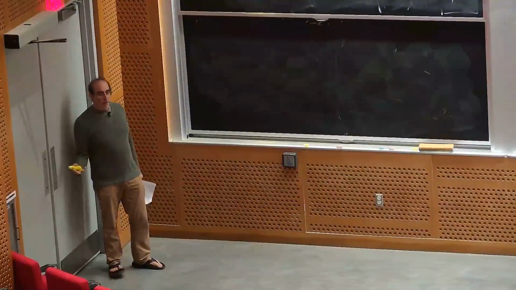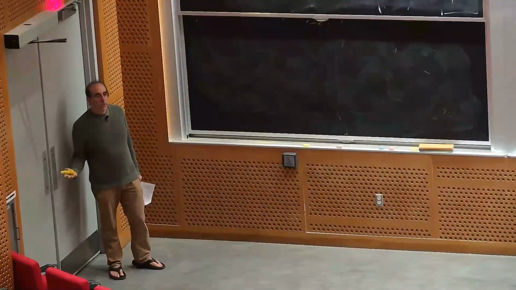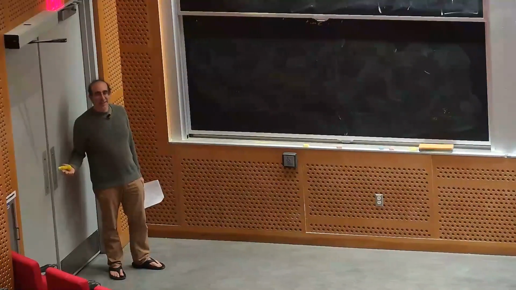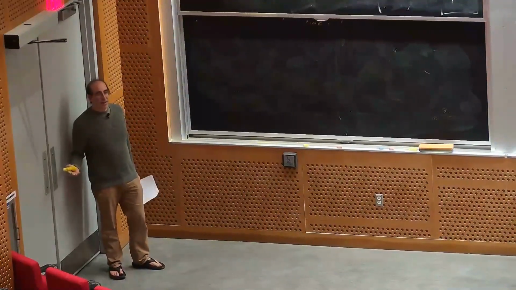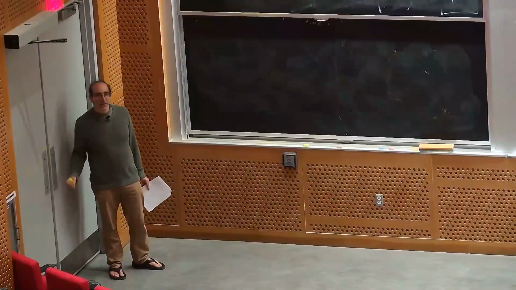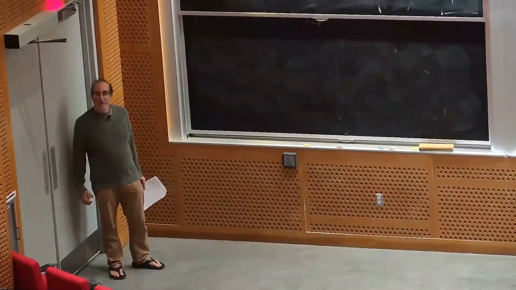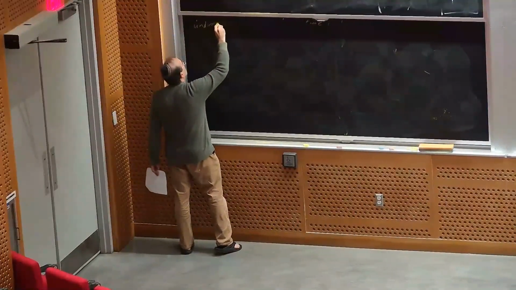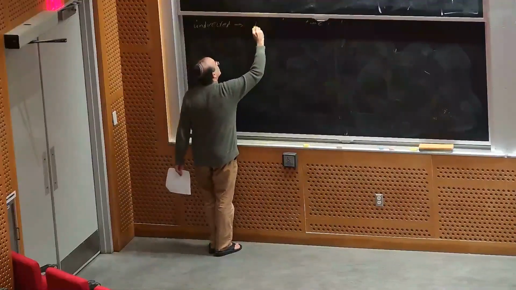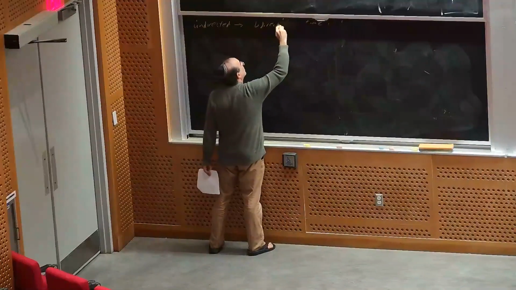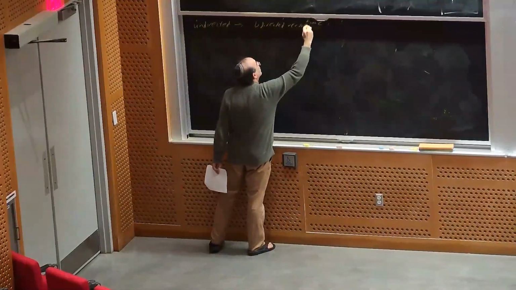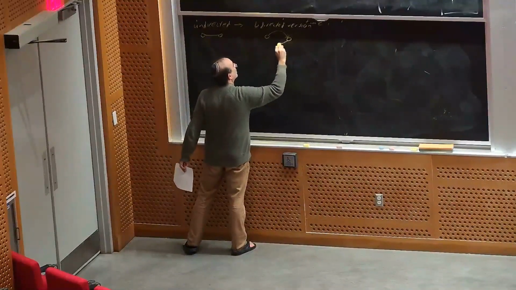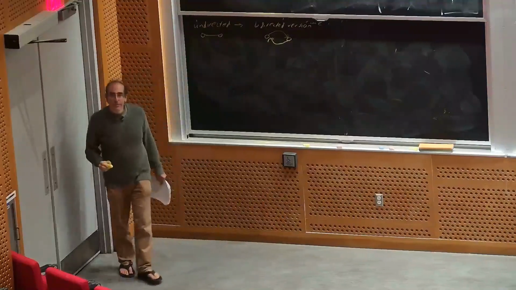I have an algorithm that works for directed graphs. So what should I do? I obviously need to make a directed graph. What would be a good directed graph to make if I want to find the min cut of my undirected graph? Exactly. So if I have an undirected graph, I can transform this into a bidirected version. I just take every undirected edge and I replace it with a pair of directed edges.